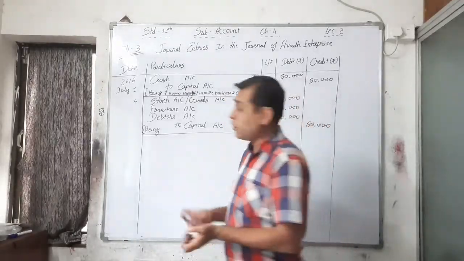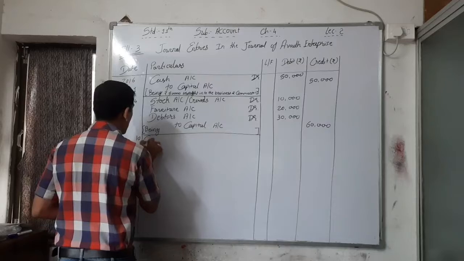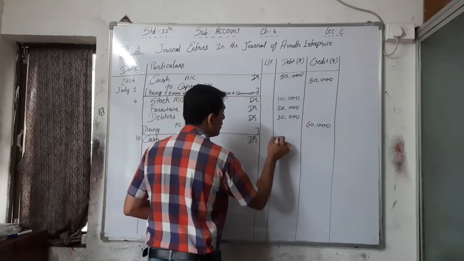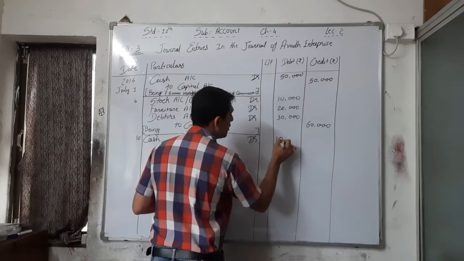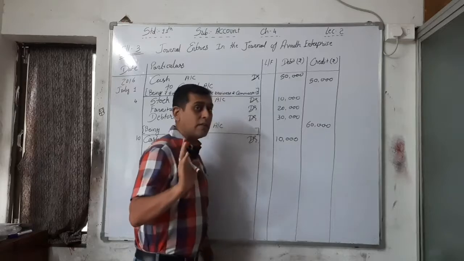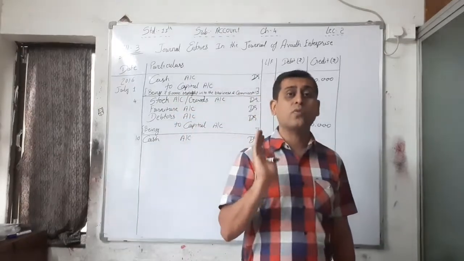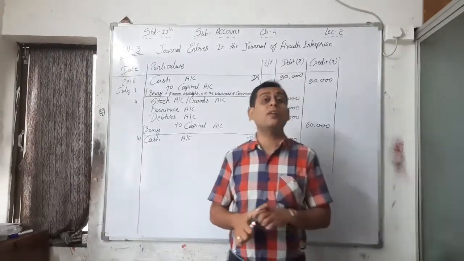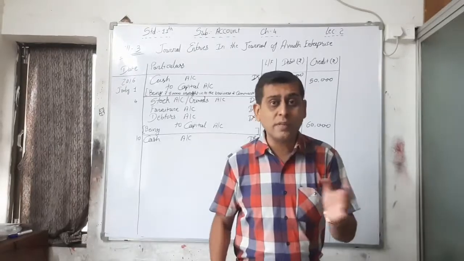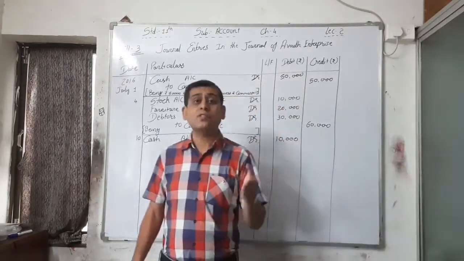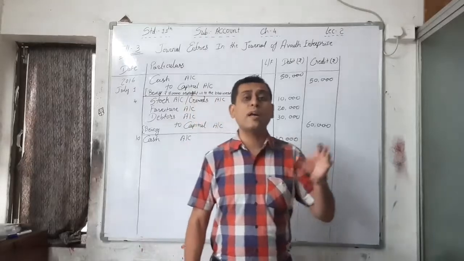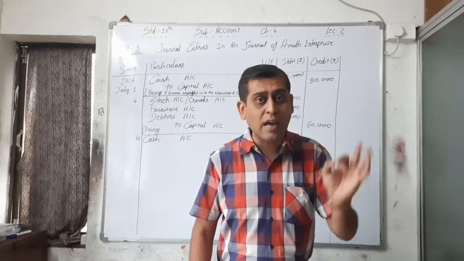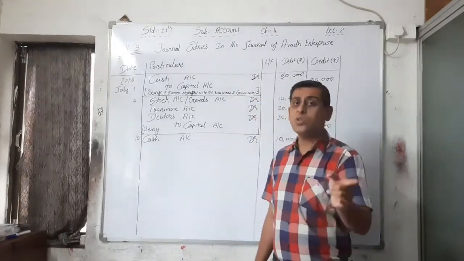The entry is on 10th July. Cash account debit with rupees 10,000 only. See, 20,000 and 15,000 are just for misguiding, right? 20,000 and 15,000 are the personal life of the owner. All these personal details of the owner we don't have to write here. Here we just have to write whatever they bring into the business from that personal life. 10,000 is brought here.